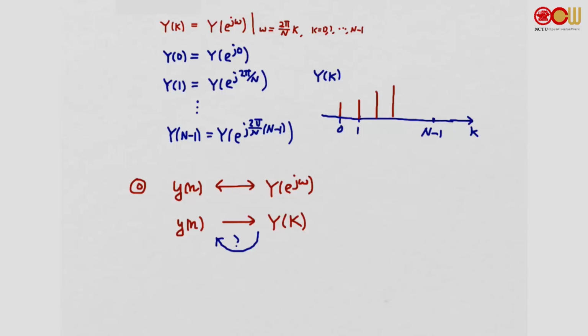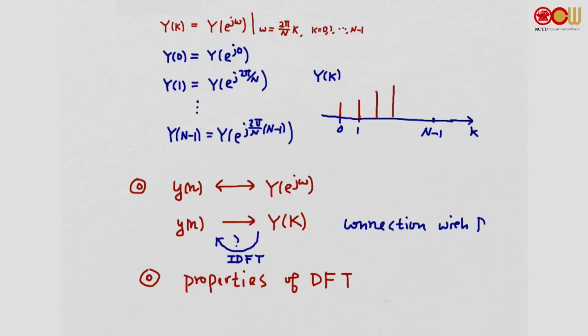Secondly, there are actually many properties of discrete time Fourier transform, and now we would like to talk about the analogous properties in DFT. And also, after we talk about the inverse DFT, there's something called the discrete Fourier series that we would like to mention, and its connection with the DFT.